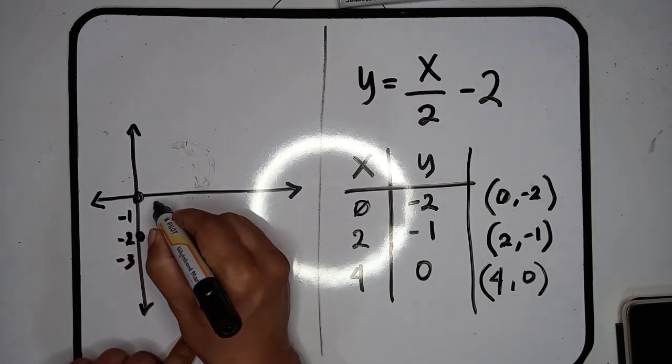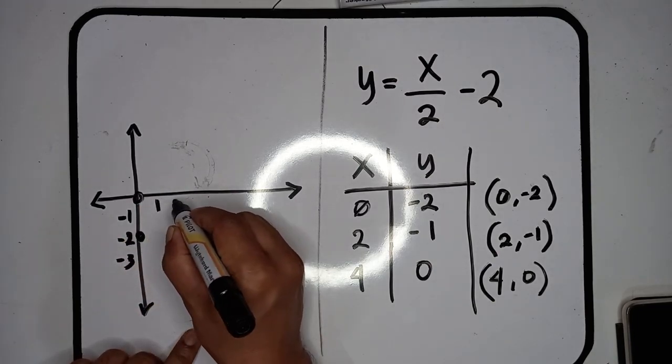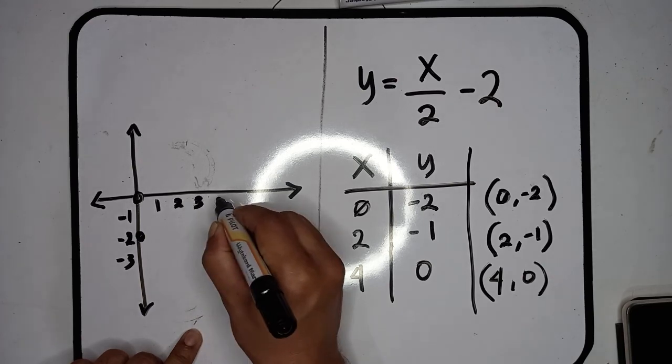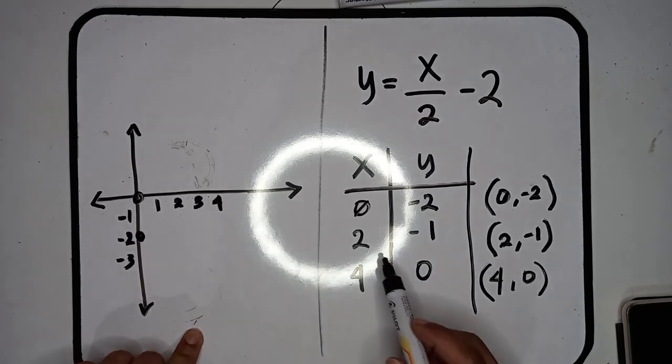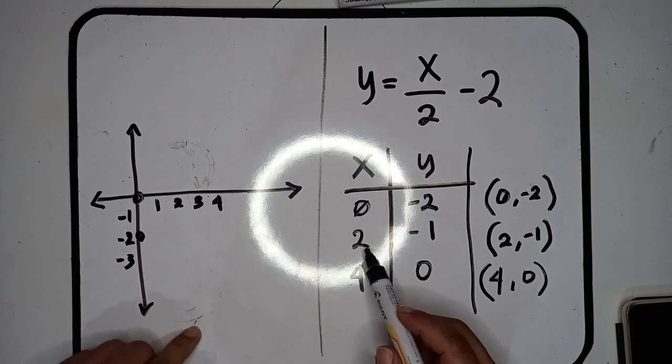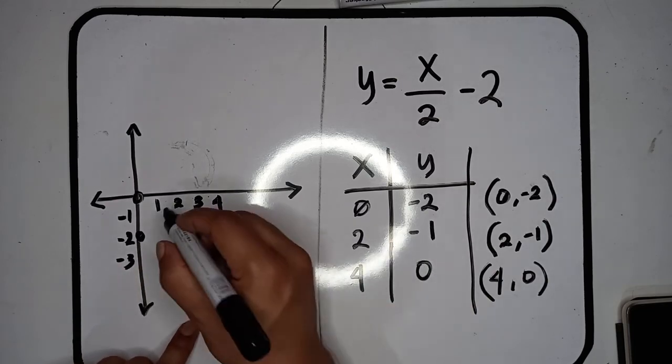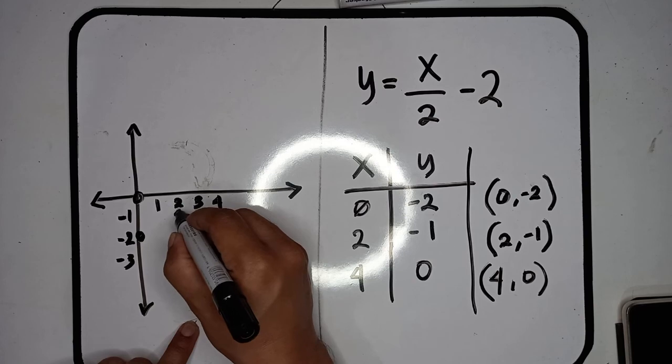We have 1, 2, 3, and then 4. So we have 2 for our x, and then negative 1 for y. So the position will be around here.